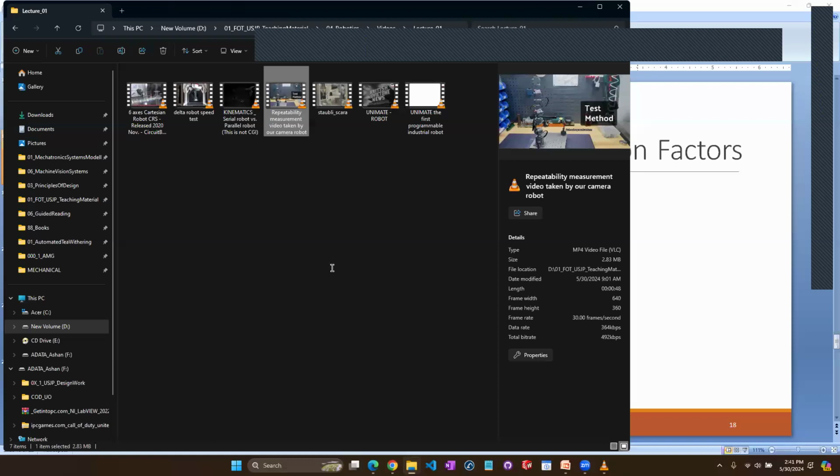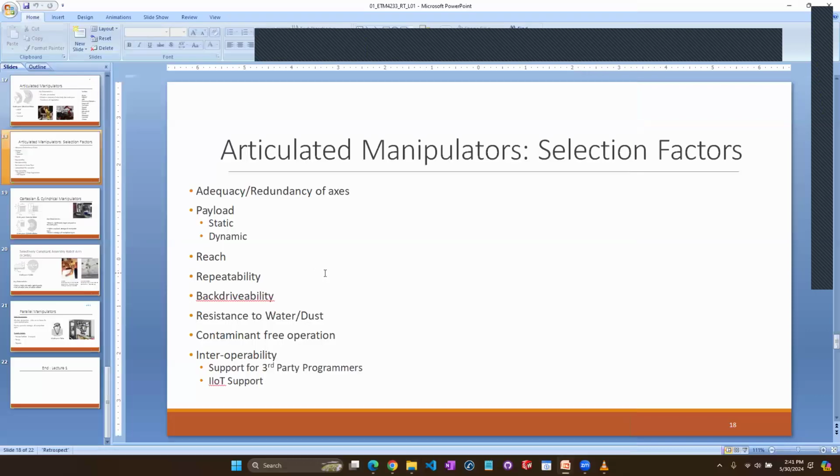Essentially, if you hold a robot at an initial position of A and let it move around for a while and command it to come back to A, it won't be exactly at the initial position. There would be a small deviation measurable in the micrometer range. Right? So based on your application, you have to select the repeatability.